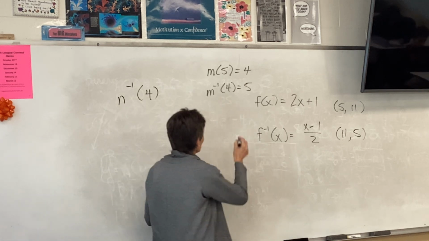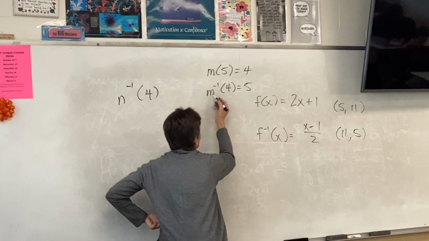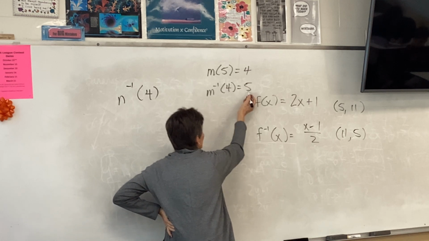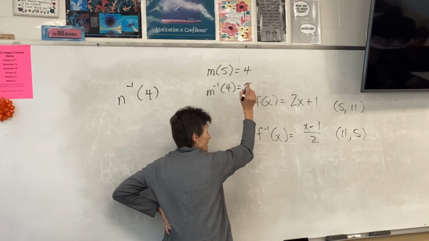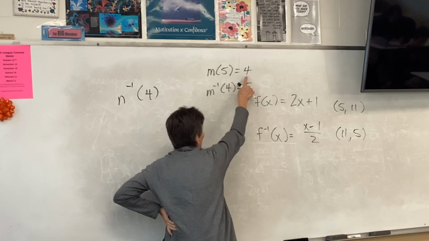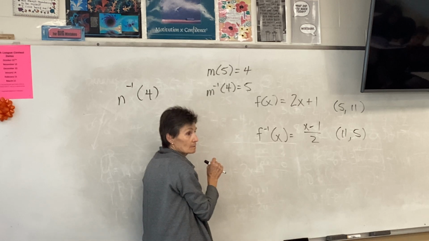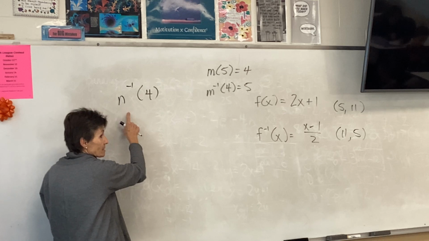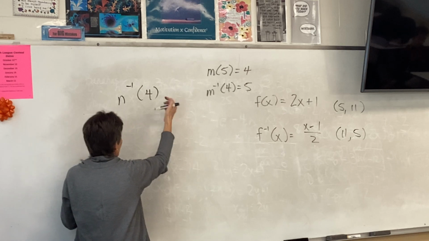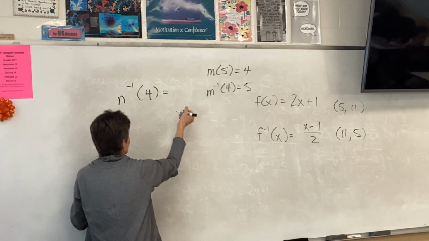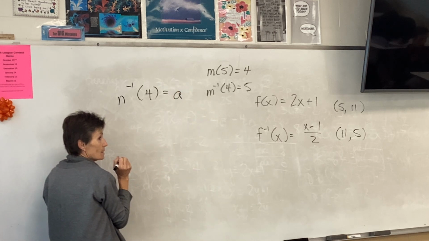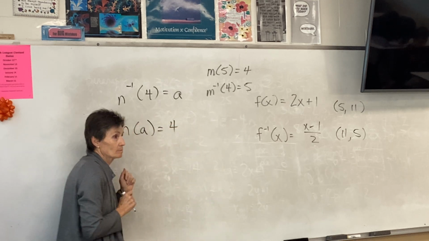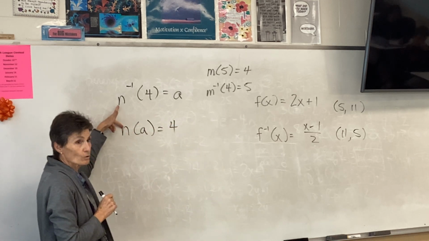Now remember, m inverse of 4 was 5 because m of 5 was 4. Right? So this means whatever this equals, let me call it A, that means that n of A was 4. That's the inverse relationship.